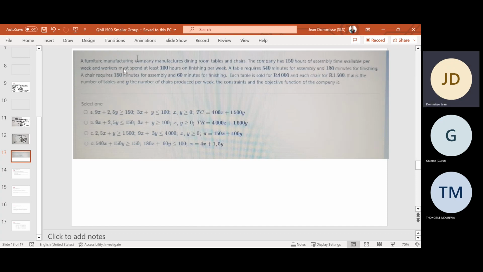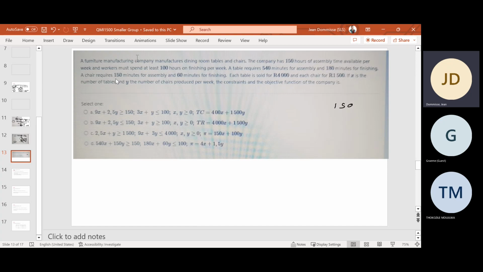A furniture manufacturer company manufactures dining room tables and chairs. The company has 150 hours. So they've got 150 hours of time available per week, and workers must spend at least 100 hours on finishing per week. A table requires 540 minutes for assembly and 180 minutes for finishing.